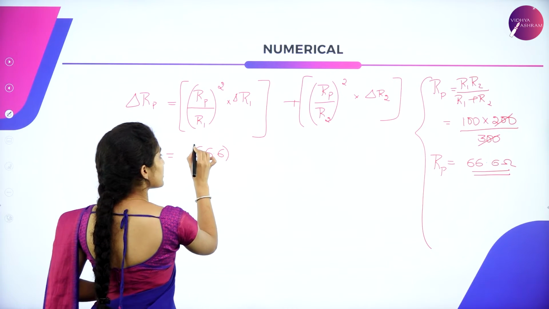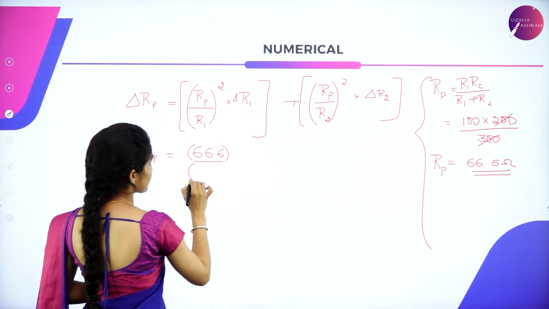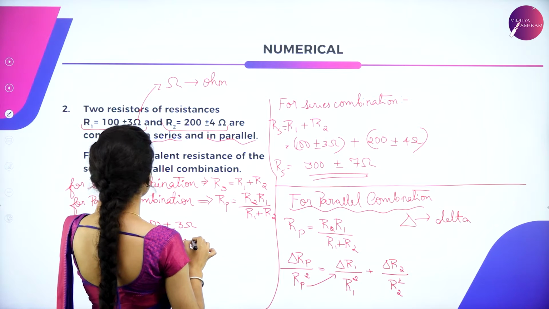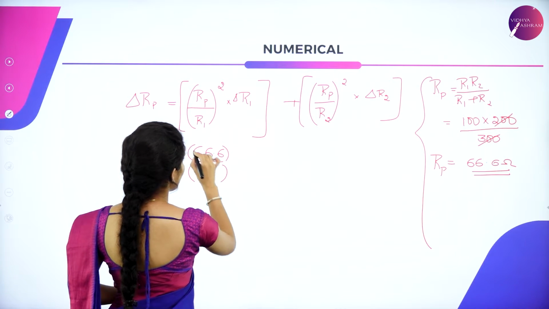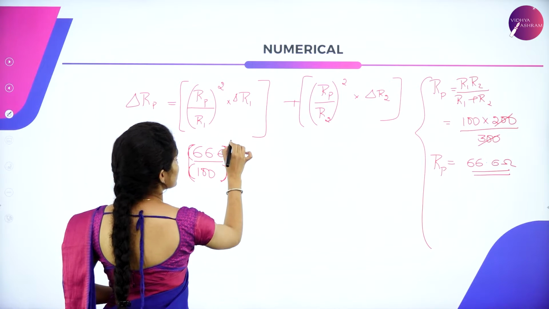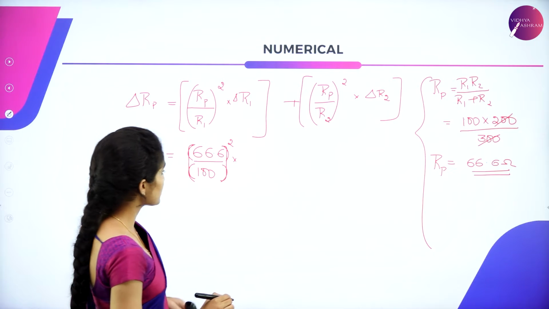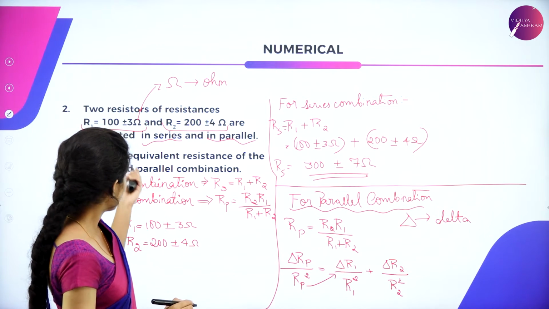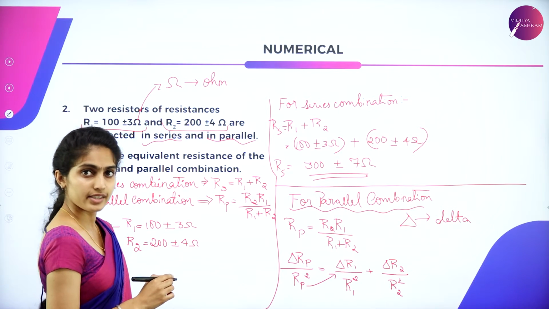66.6 divided by your R1, which is 100, the whole square, into delta R1. What is this delta R1? It is 3 ohms, the error in the first resistance.